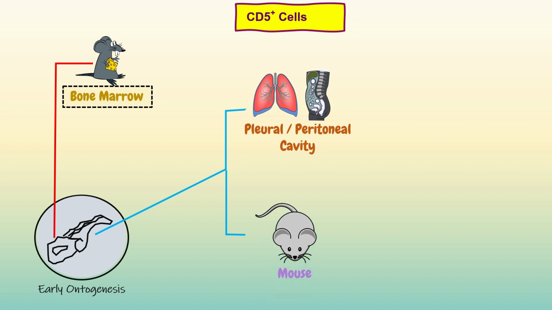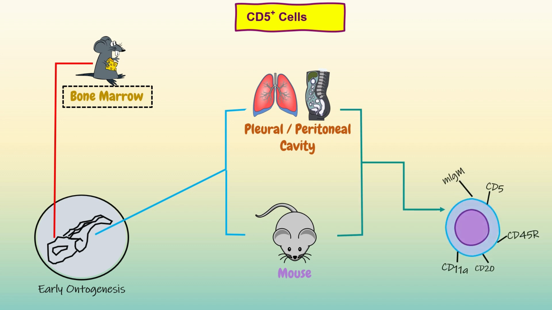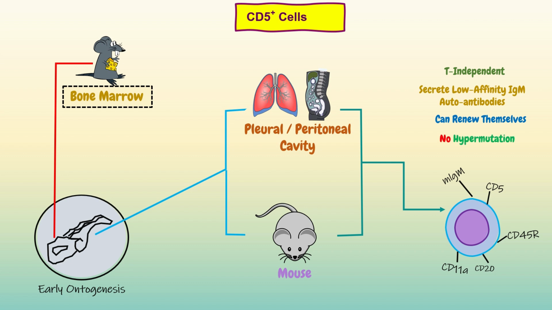This B cell population has been confirmed in mouse. CD5+ cells are long-lived and self-replenished. They are T-independent, secreting low-affinity IgM autoantibodies, can renew themselves, and undergo no hypermutation. The concept of hypermutation is explained in detail later in this video.